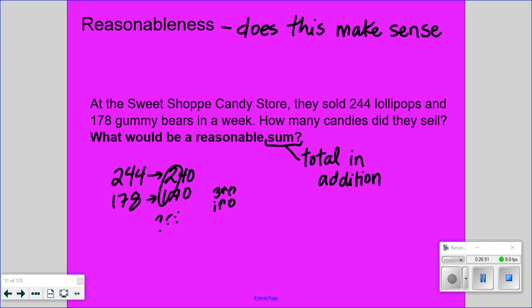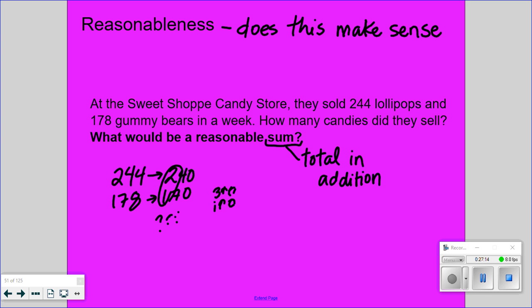The reason we care about is this reasonable is because when I add it, I should get a number that's close to 400. What if I get a number that says 700? Then I'm wrong. That's why we care.